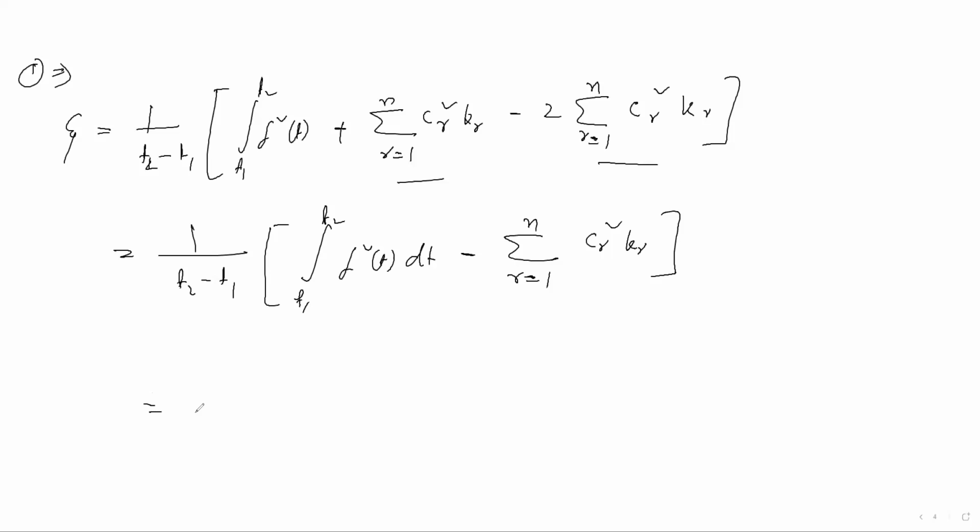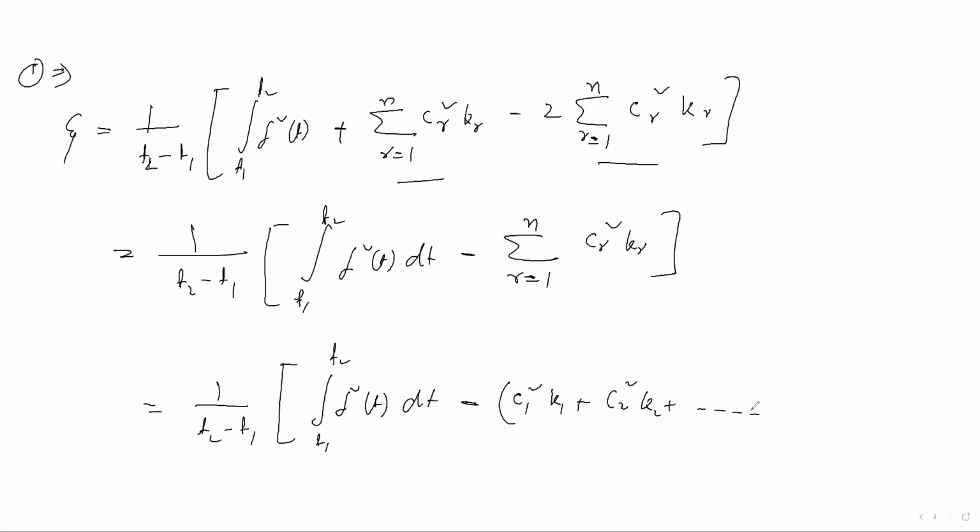Or you can write like that also, 1 by T2 minus T1 integration T1 to T2 F square T dt minus C1 square K1 plus C2 square K2 plus up to Cn square Kn. This is the ultimate derivation.